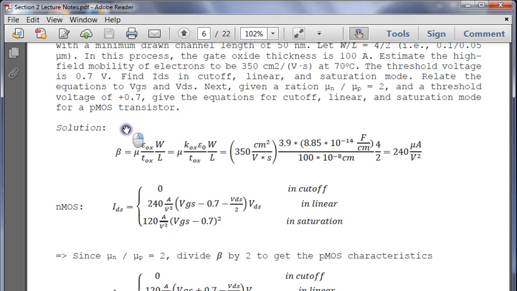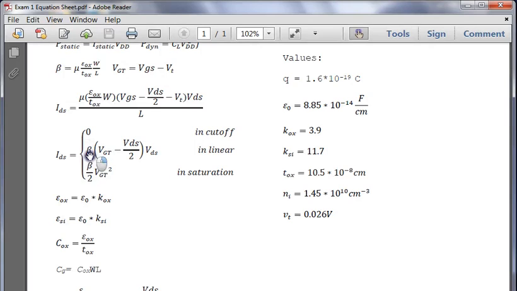So now, you can go back to the equations here, and now we know beta, and so we relate it to VGS and VDS. We just plug in VGS minus threshold voltage into this equation, so this becomes VGS minus VT.